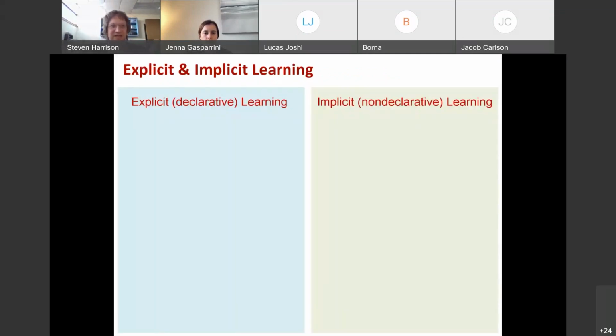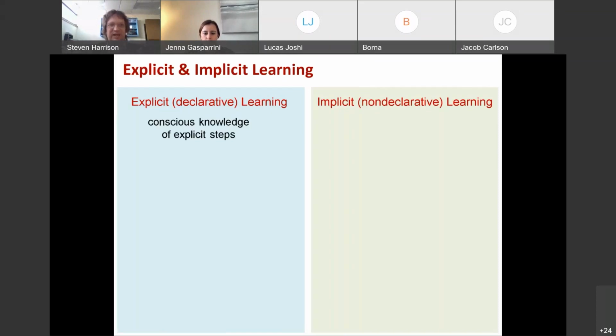Okay, here's another general distinction. We've got explicit learning or memory on one side, and implicit learning or memory on the other side. In parentheses, we've got declarative on one side and non-declarative on the other, and explicit and implicit and declarative and non-declarative will get used interchangeably in the literature.